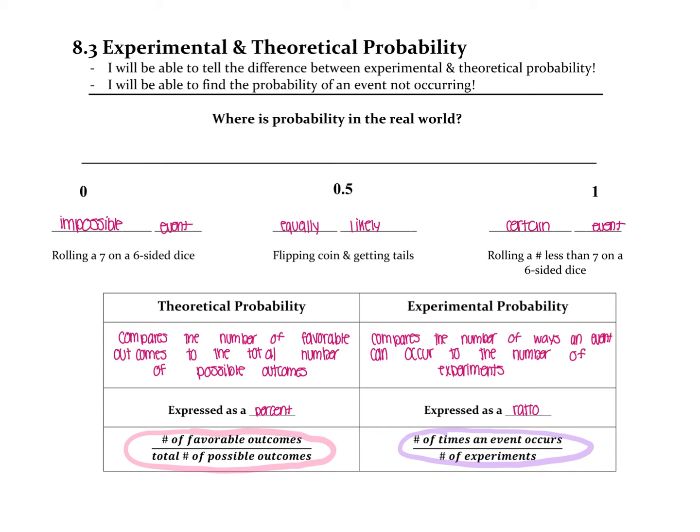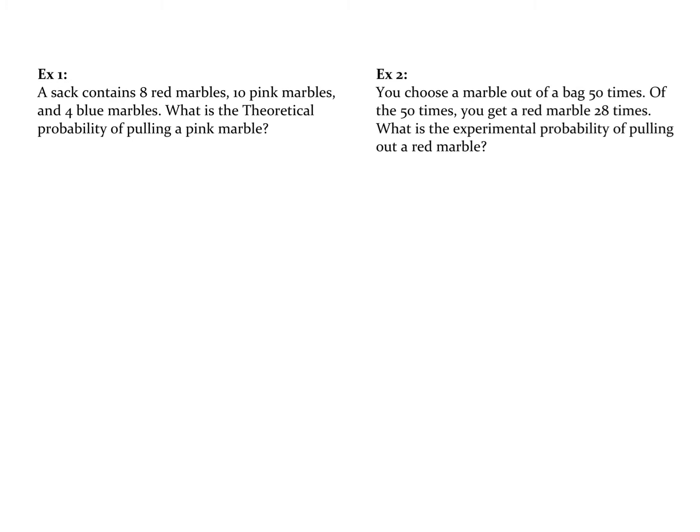Experimental probability means you perform an experiment a certain number of times and base your probability on the results. While they're calculated in similar ways, where the numbers come from is different. So we're going to work through some examples of experimental and theoretical probability.